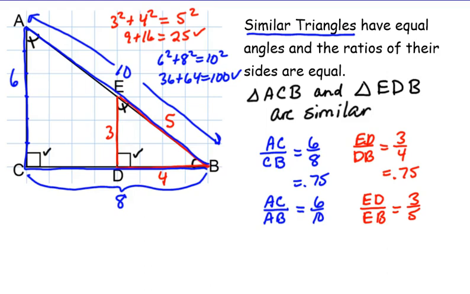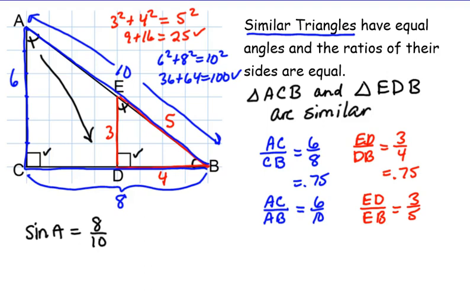For example, if we look at sine of angle A, opposite angle A would be 8 over hypotenuse, which is 10.